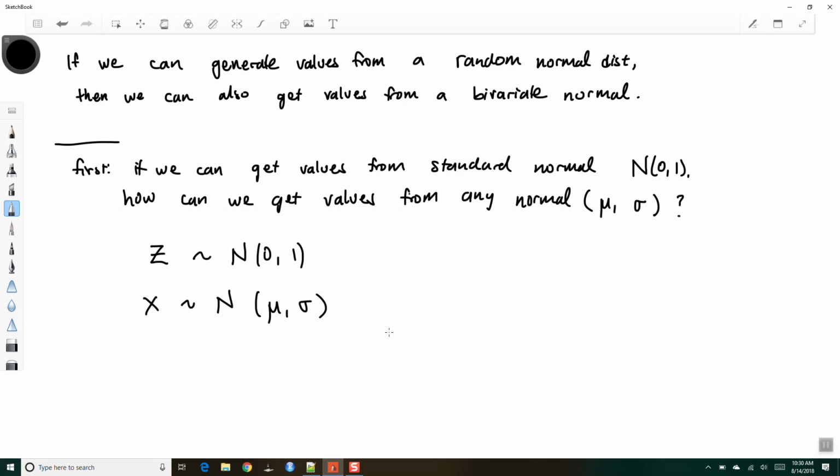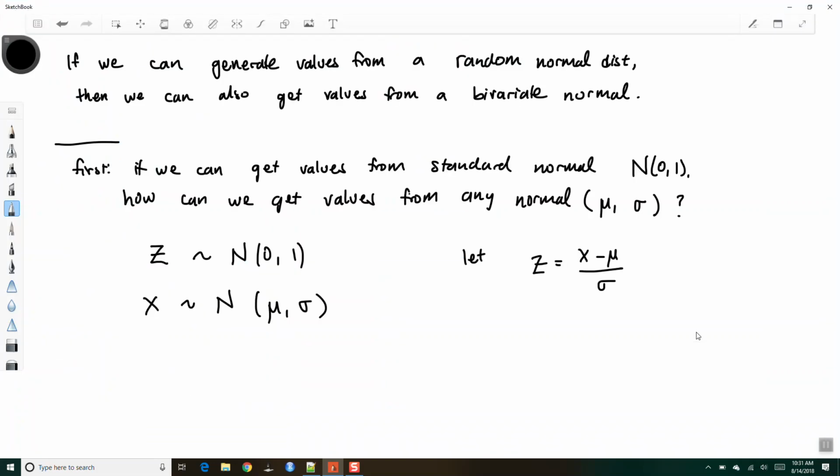What's the relationship between x and z? Okay, so we'll let z equal x minus mu over sigma, right? So this is our z-score definition.